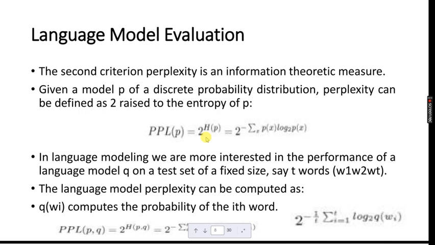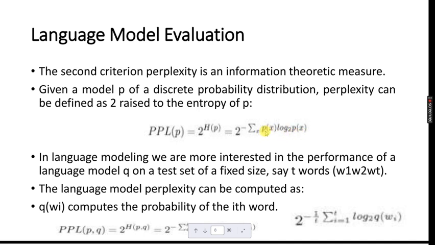So the entropy value will be used as a power of 2. So PPL, the perplexity of P, that is the word model P, is 2 power H of P, where H of P is the entropy. So 2 power negation of summation of x, P of x log 2 P of x.